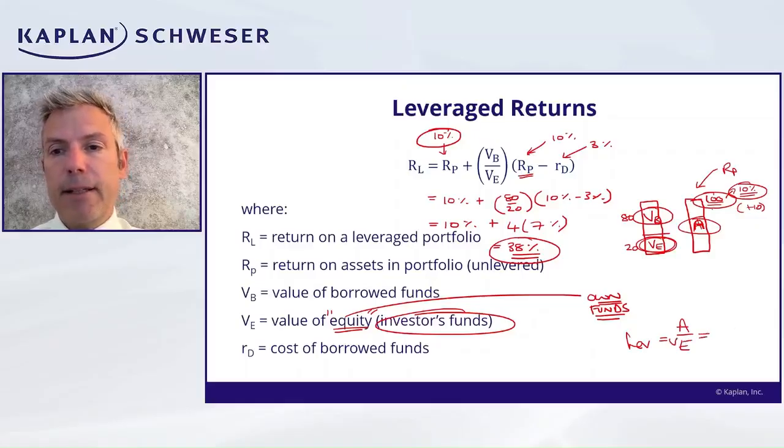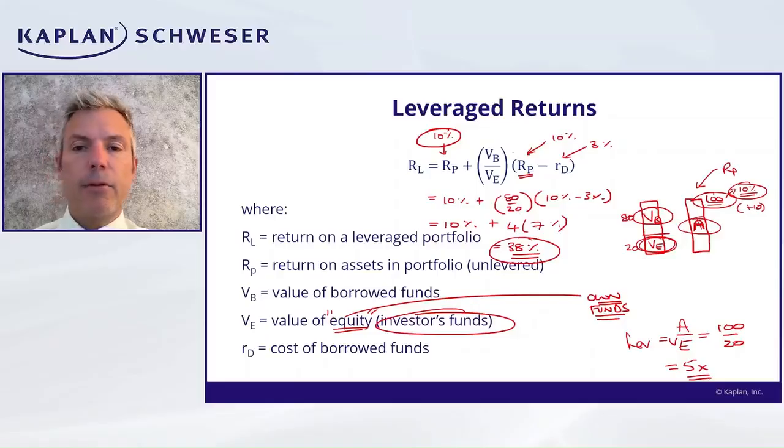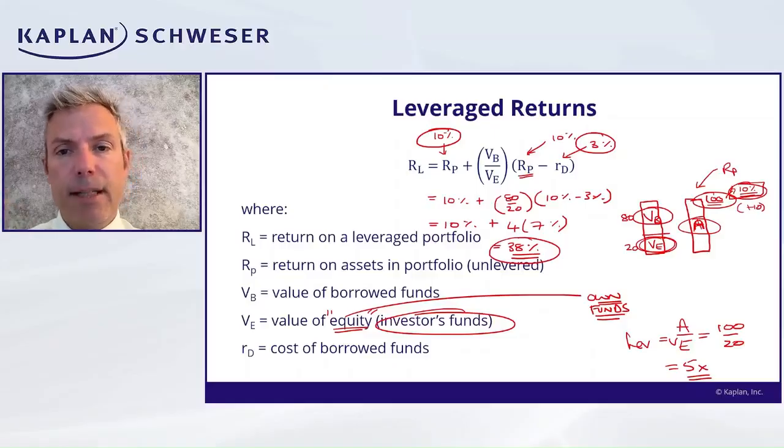And so the value of your assets is 100 and the value of your equity is 20. You've got 5 times leverage here. And we've got quite a big cost of debt, 3%. That means we don't scale up from a 10% return to a 50% return directly because we are paying a 3% cost of debt. But it's that order of magnitude, isn't it? We're going from 10% up to closer to 5 times that level.